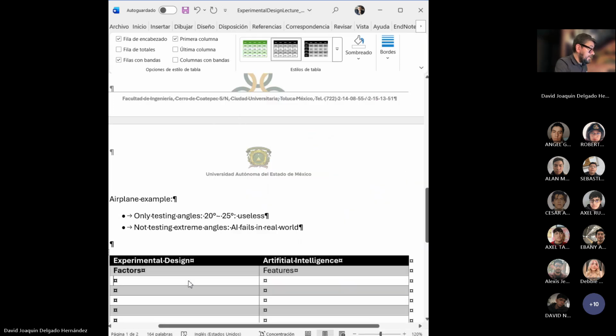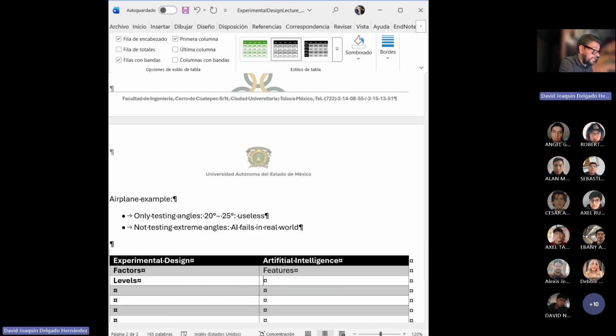Okay. In experimental design, we are talking about levels, and here in artificial intelligence, we are talking about feature values. Okay.